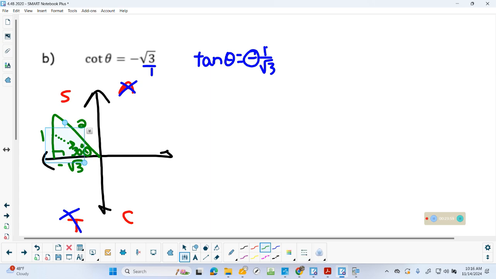Now, here's the deal. I can't say my answer is 30 degrees because 30 degrees is in which quadrant? 1. We're in 2. You have to measure from 0 over. You are 30 shy of the 180 line. So your answer is 150.